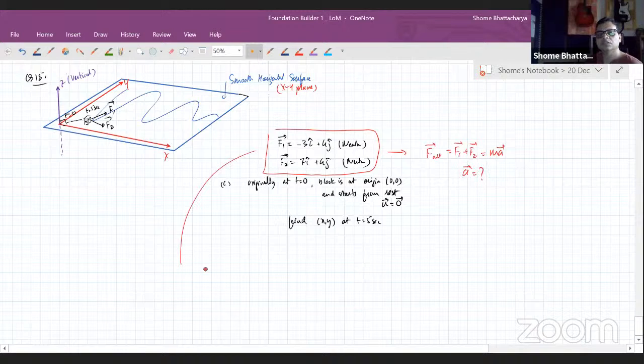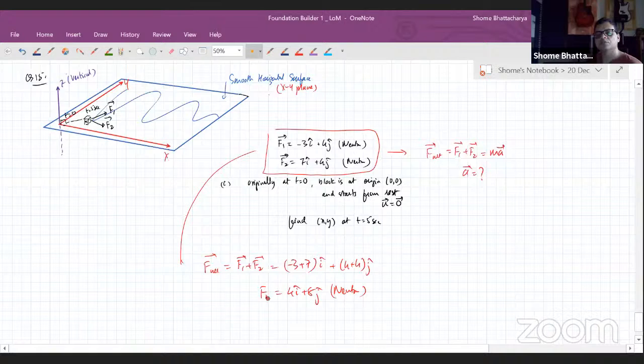Okay, so you can see that this net force is (-3 + 7) i cap plus (4 + 4) j cap. So it is 4 i cap plus 8 j cap in newtons. So that is the net force. Okay. So the acceleration of the block should just become net force divided by mass.